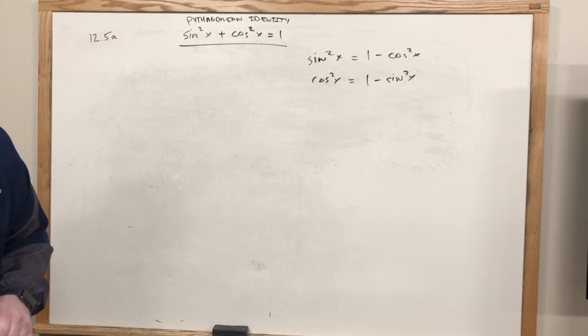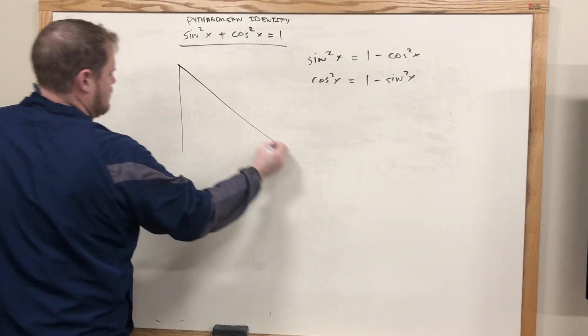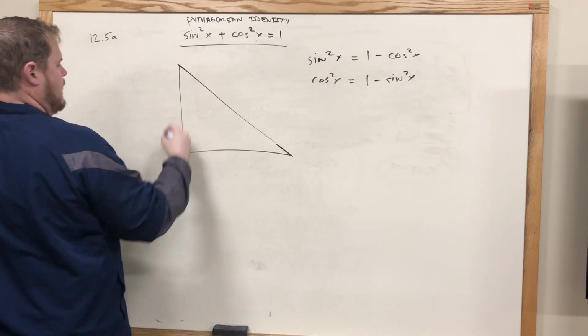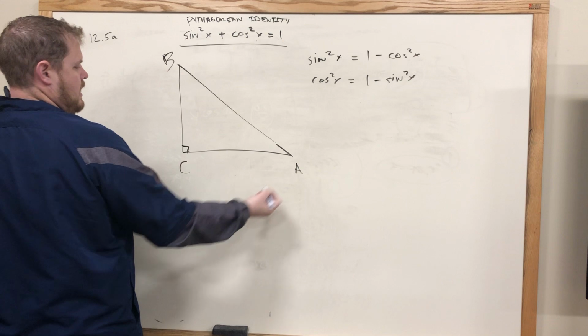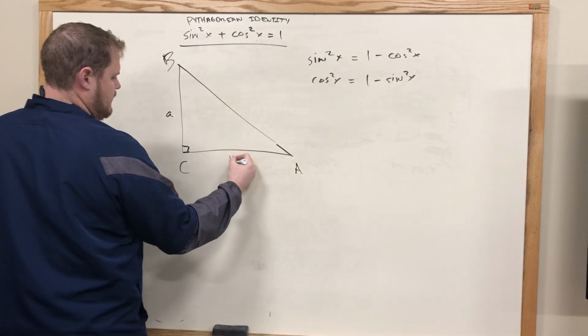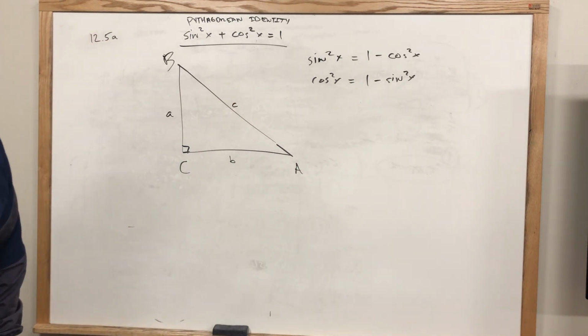Now, as we learned before, if I have a triangle, and this is, let's say, A, B, C. Across from A is little a, across from B is little b, across from C is little c. If I were to say to you, give me what sine A is.